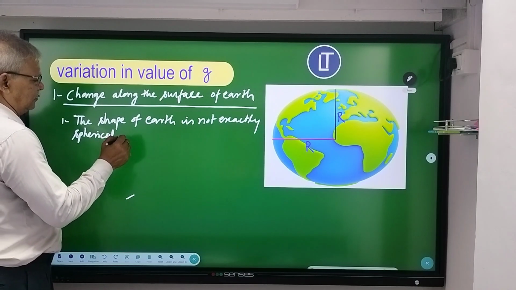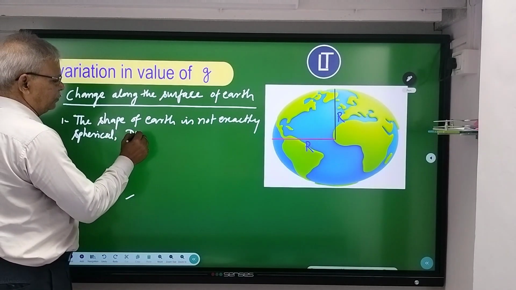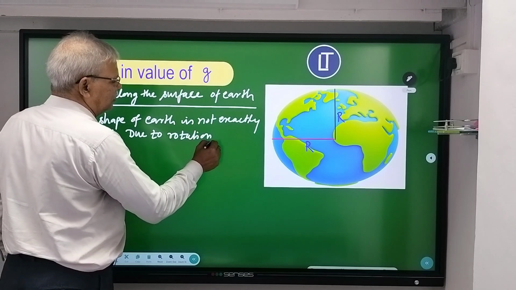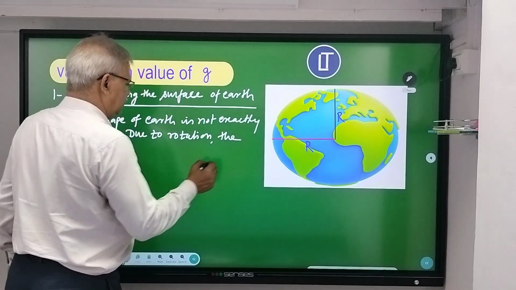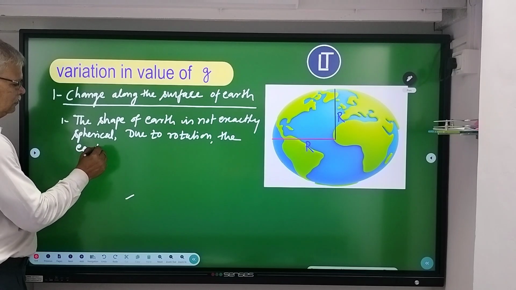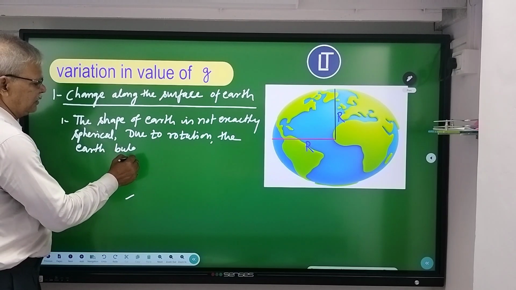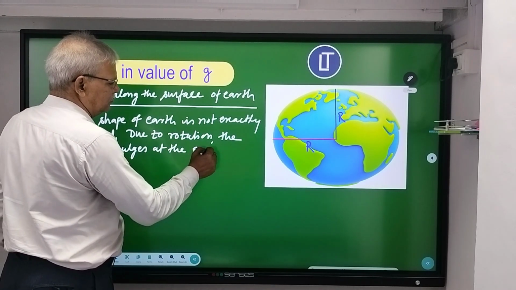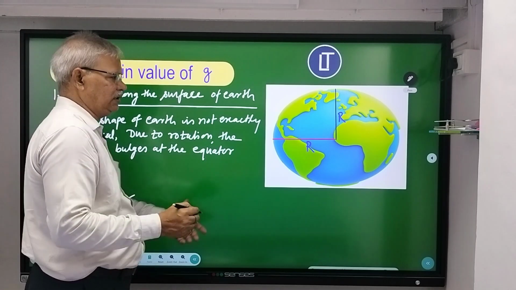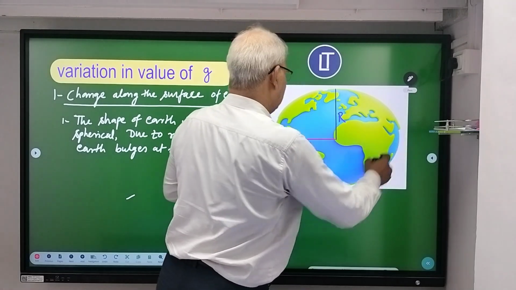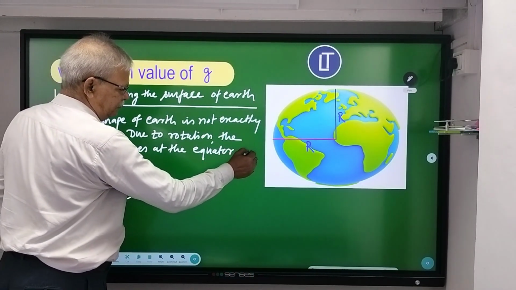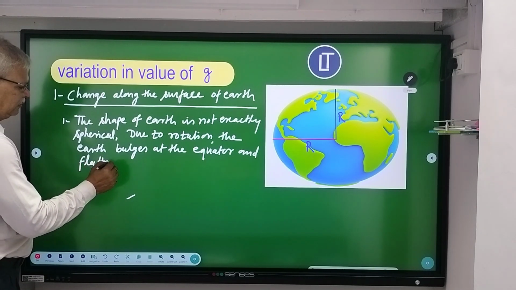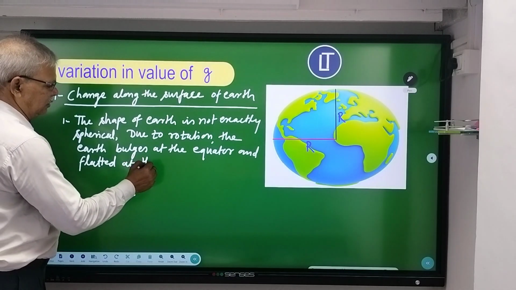Okay. Why it's not spherical? Due to rotation, the earth bulges at the equator, and you can see here the earth bulges at the equator and is slightly flatter at the poles.